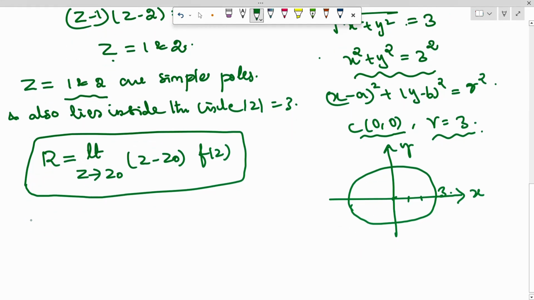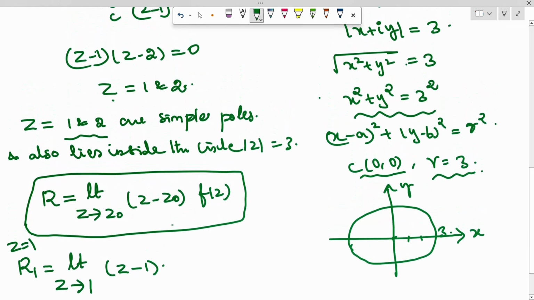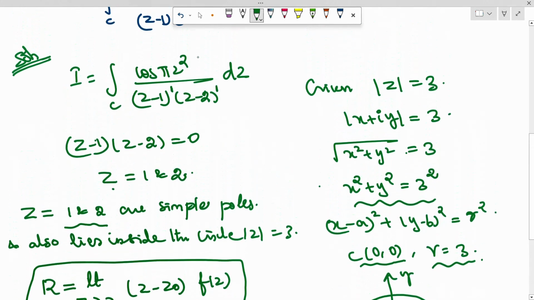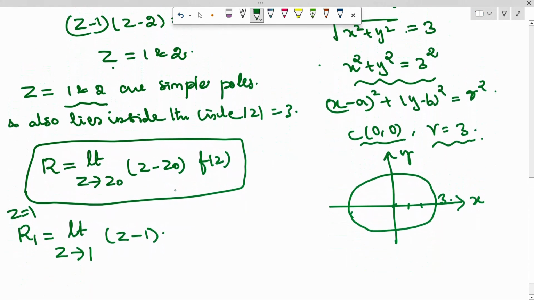In this problem we have two poles. First we take z = 1 and find the residue for it. R1 is the limit as z tends to z0, where z0 is 1, of (z − z0) times f(z). f(z) is the whole function, cos(πz²) divided by (z − 1)(z − 2).